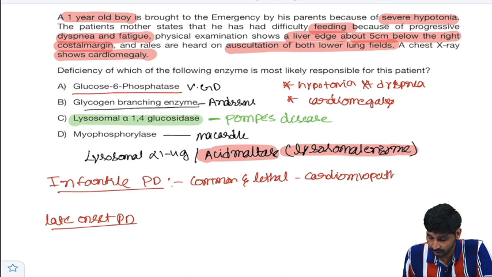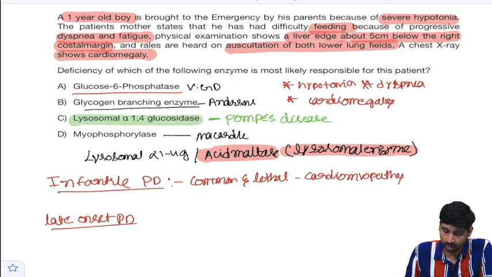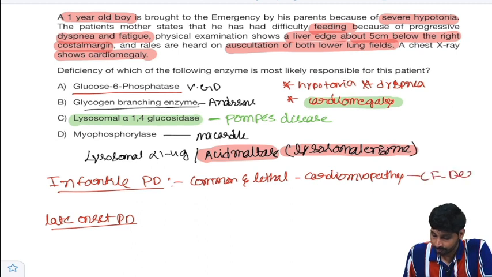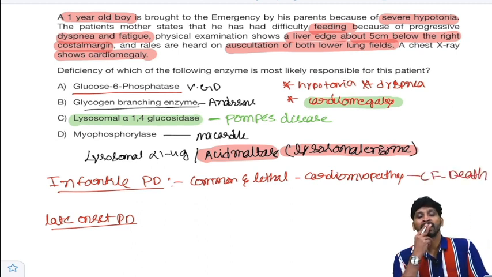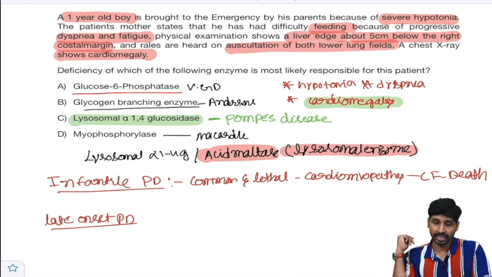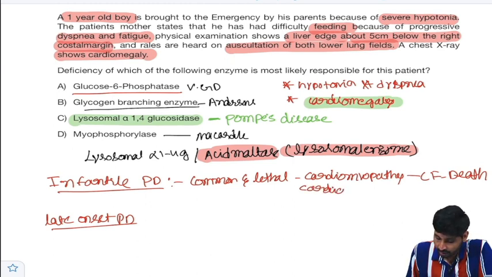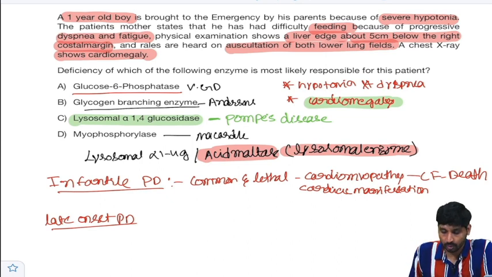Cardiomyopathy means enlargement of the heart. So here we have this clinical feature, cardiomegaly, which leads to cardiac failure and death. Whereas infantile Pompe disease has more cardiac manifestations, late onset is more of skeletal manifestations.